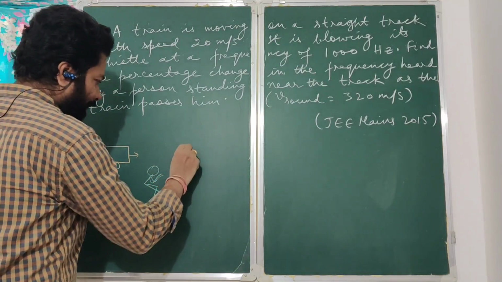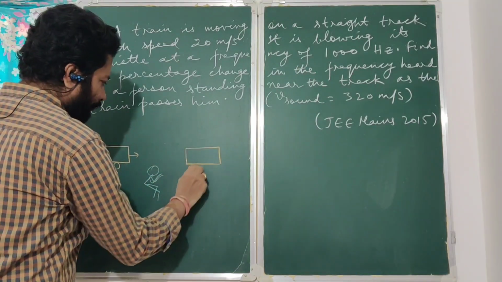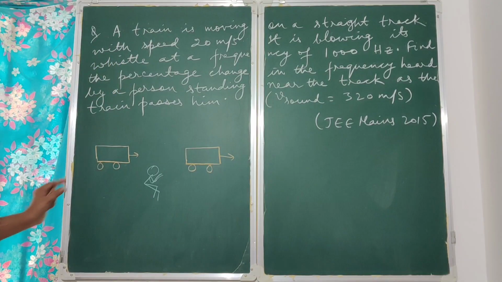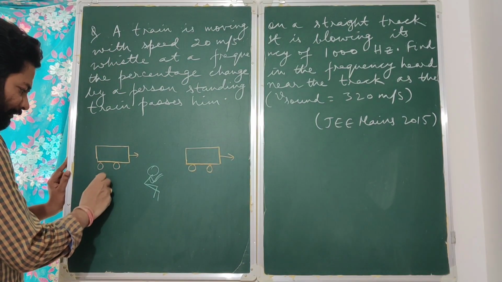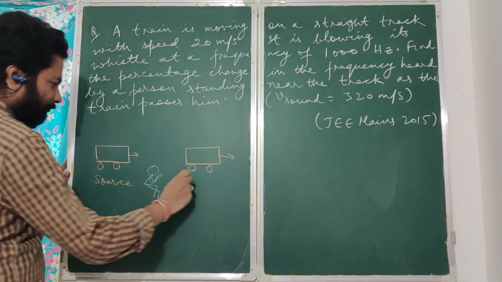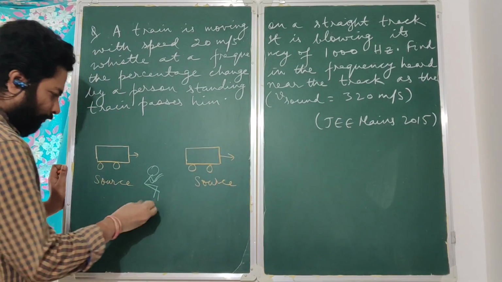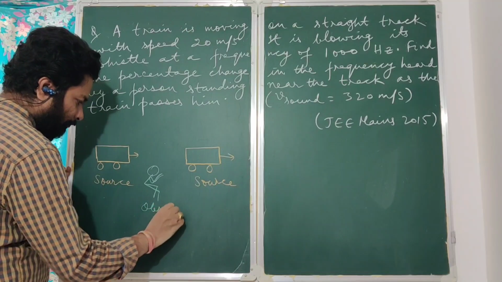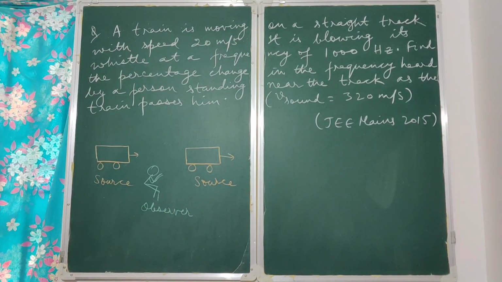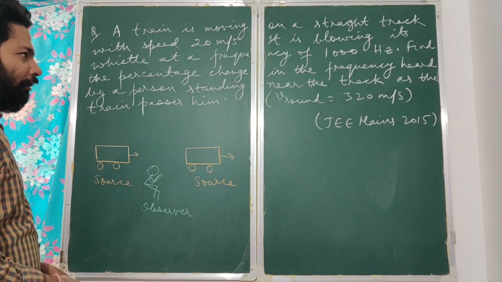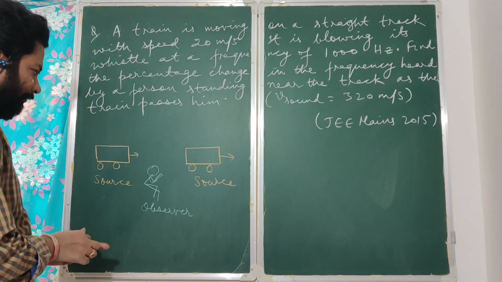And after some time this train is moving away from the observer. So this is source and this guy is the observer.